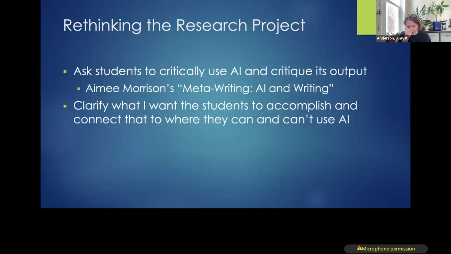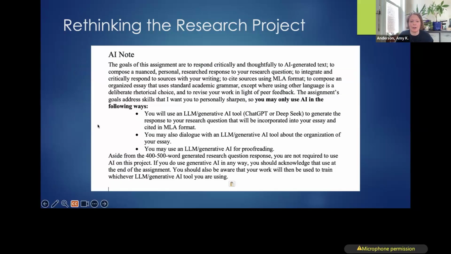The next thing I want to do is clarify what I want the students to accomplish and connect that to where they can and can't use AI. The way I did that was I created a very specific part of the assignment description that told the students what I want them to do.